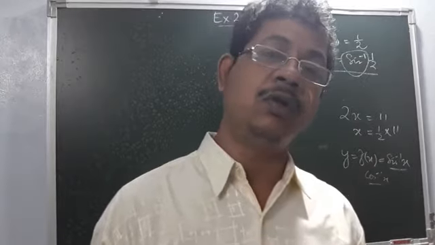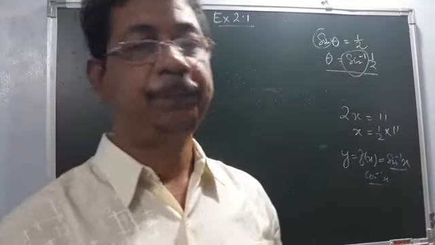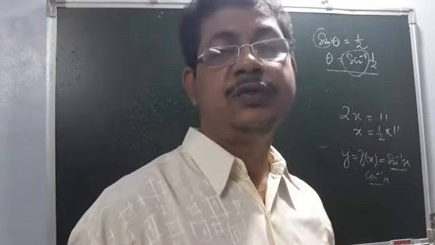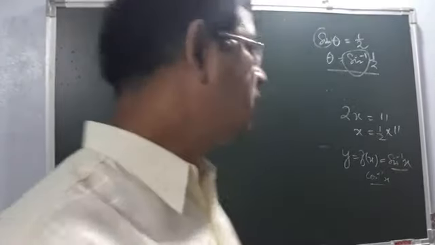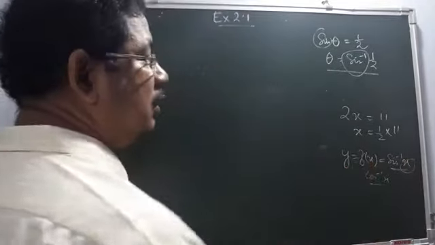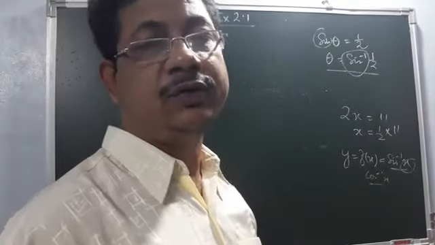Then it is called an inverse trigonometrical function. As it is a function, automatically its domain and range should be there. Domain means the value of x, and this y is called the range.